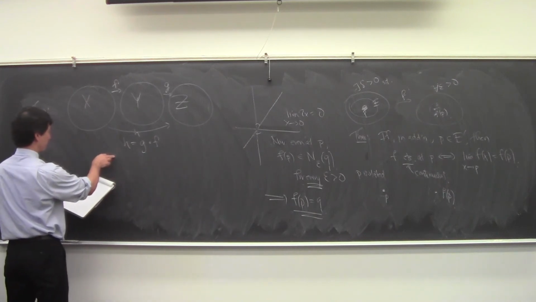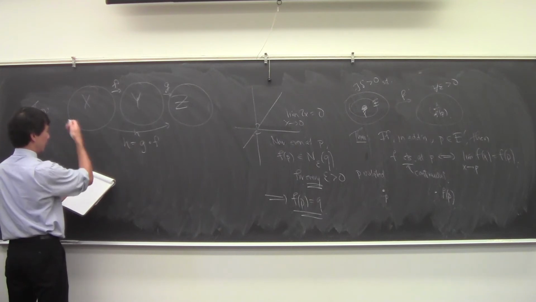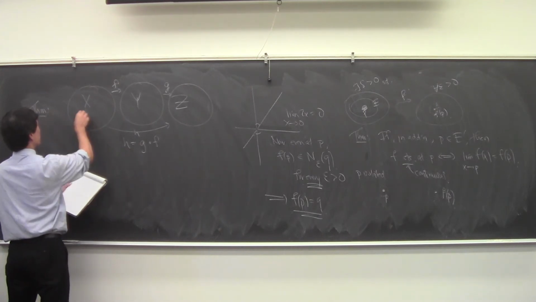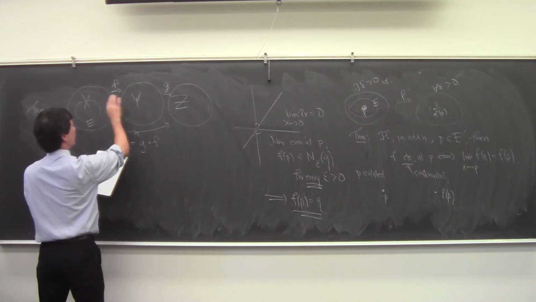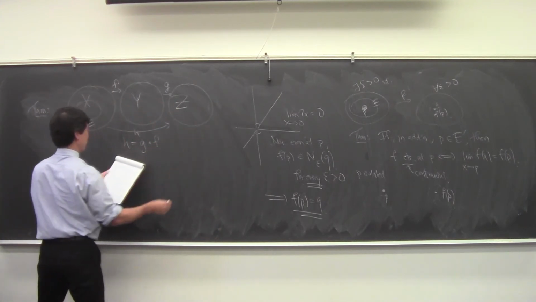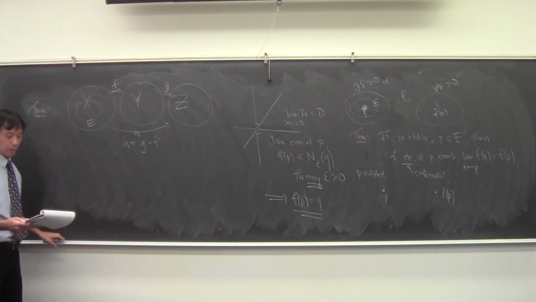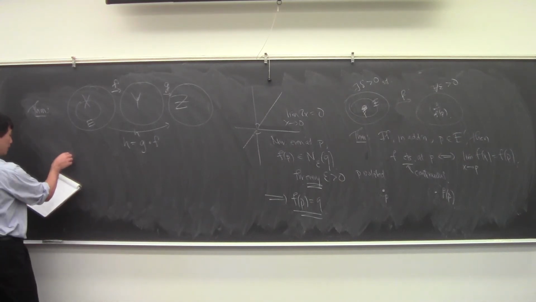And you've got some set here E that gets mapped to F of E, that gets mapped to G of F of E. So what am I going to write?